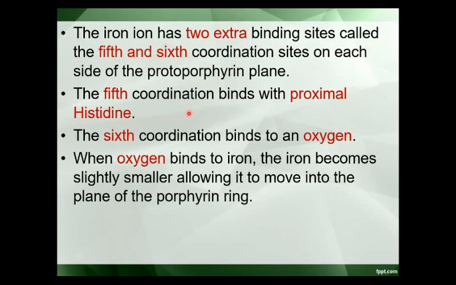The fifth coordination binds with the proximal histidine and the sixth binds with an oxygen. When oxygen binds to iron, the iron becomes slightly smaller, allowing it to move into the plane of the porphyrin ring.